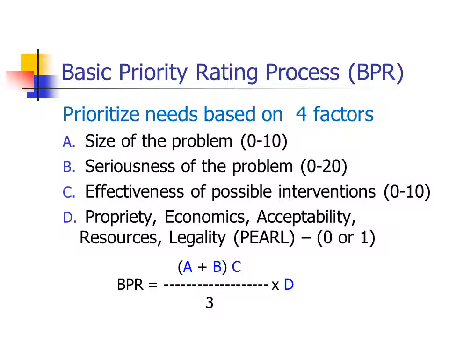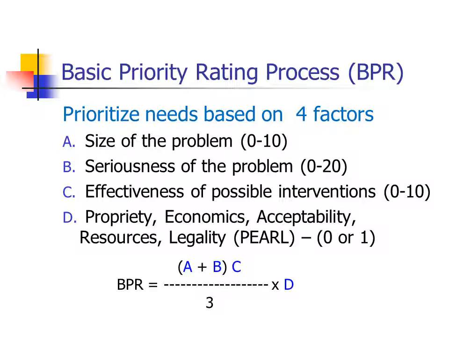And the consequences can be, it's going to get worse, more people are going to get this problem. Economically, it's going to create some real problems, certainly in this community or even regionally or statewide. And then we'd want to look at the effectiveness of the various interventions that have been used elsewhere to address this problem. And so, we'd want to come up with some sort of a rating on a scale from 0 to 10 with the effectiveness of those interventions.